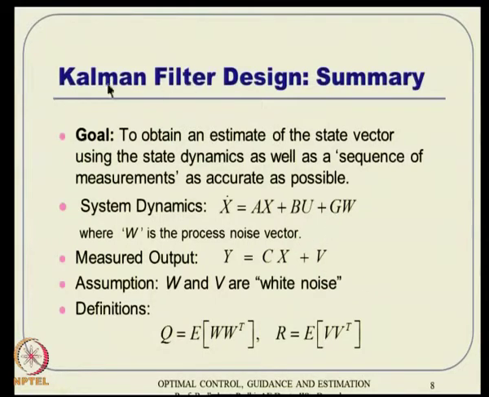Okay. So here is the Kalman filter design summary in the continuous time domain; other choices are also there. In continuous time, x dot is Ax plus Bu, but you also have a G w component, and the output is not only Cx, but there is a v component also. So x dot is that way and y is that way. These are assumed to be white noise, and Q is the expected value of w w transpose, the process noise covariance, and R is the expected value of v v transpose, which is the sensor noise covariance.